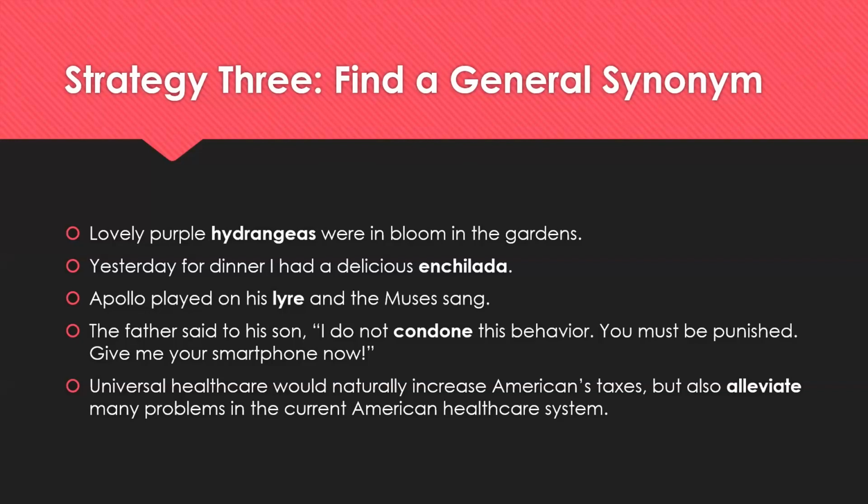Are there any clues in the text that says that he does not like what he's doing? Yes, exactly. Punishment. We know that clearly whatever he's done is bad enough that it needs to be punished. Excellent. And of course, we've got the phrase do not as well, which we must pay attention to. We must show that it's the opposite of what he likes or the opposite of what he wants.